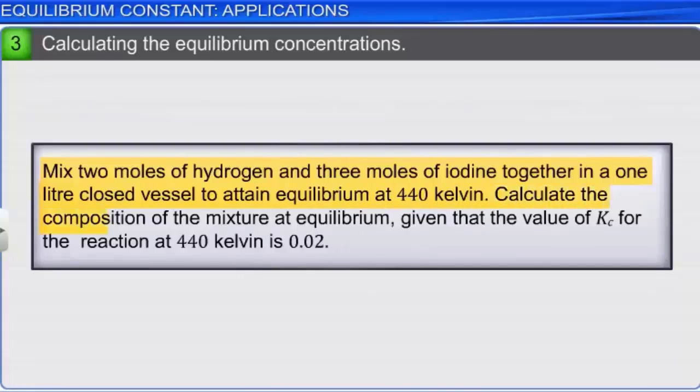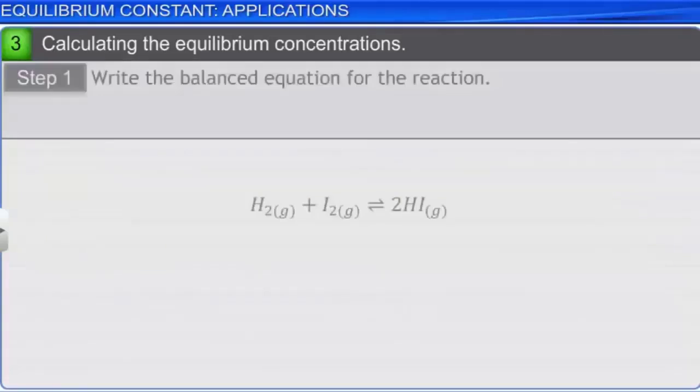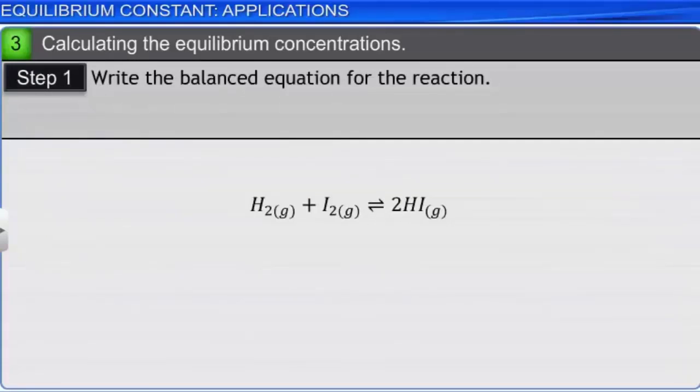Calculate the composition of the mixture at equilibrium given that the value of Kc for the reaction at 440 Kelvin is 0.02. The first step in calculating equilibrium concentrations involves writing a balanced equation for the reaction, like this.